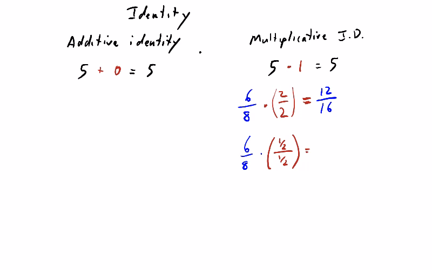So if we were to multiply both the numerator and denominator by 1/2, the numerator would become 3, and the denominator would become 4. And so we can say that 6/8 is equivalent to 3/4. They're the same amount, the same value. So that's a very useful use of the multiplicative identity. It's very helpful to be able to do that when working with fractions.